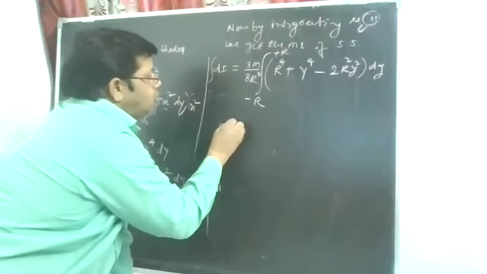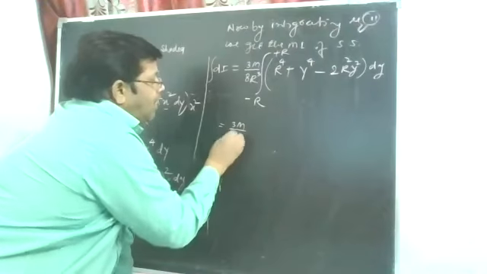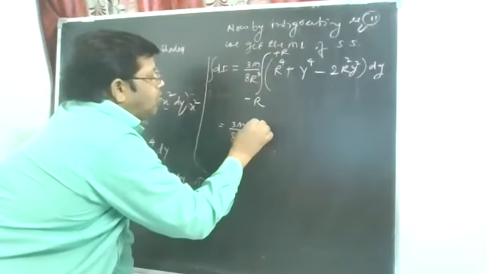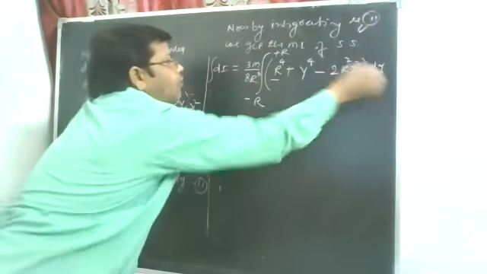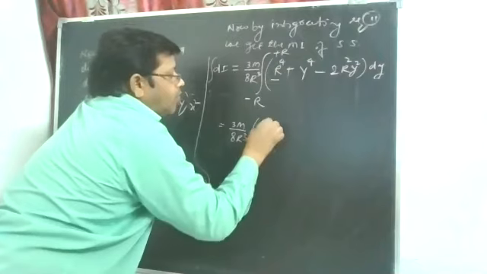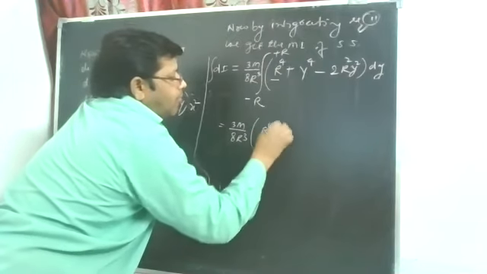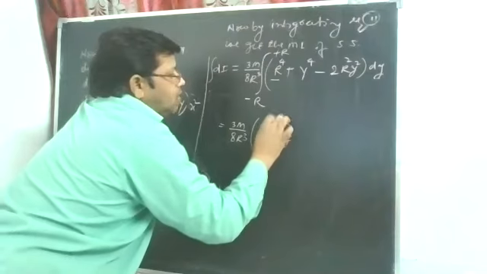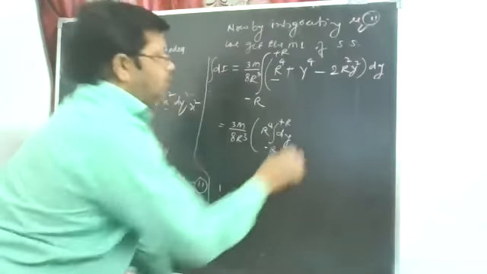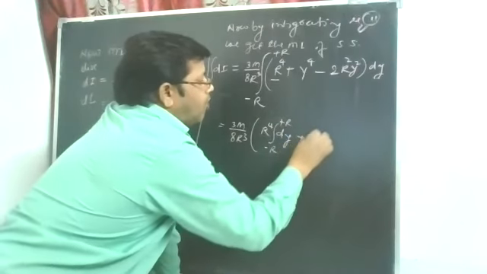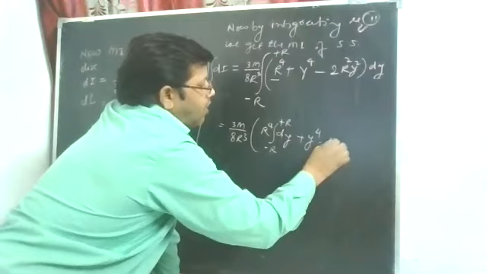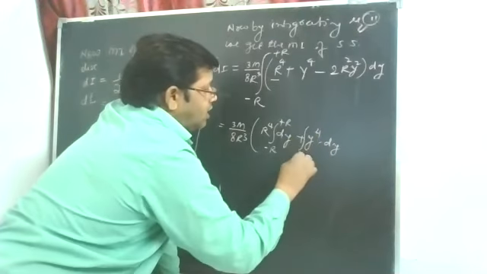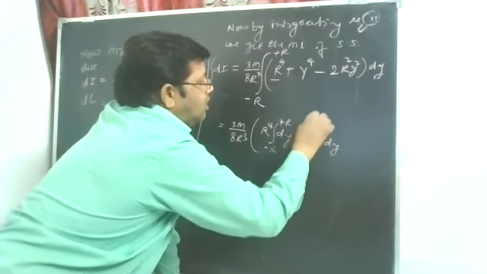Now, what is the integration? 3m by 8r cube. Now you see r to the power 4 into dy. Keep r to the power 4 constant, minus r to plus r. Now y to the power 4 into dy, both are variable. Put the integration sign here, minus r to plus r is the limit.